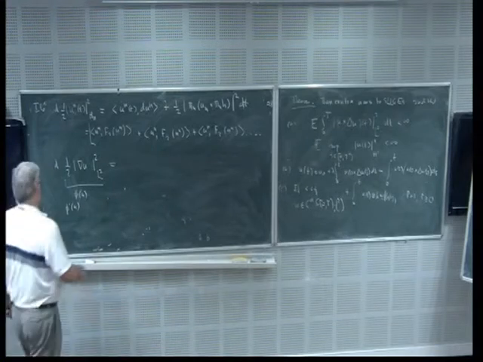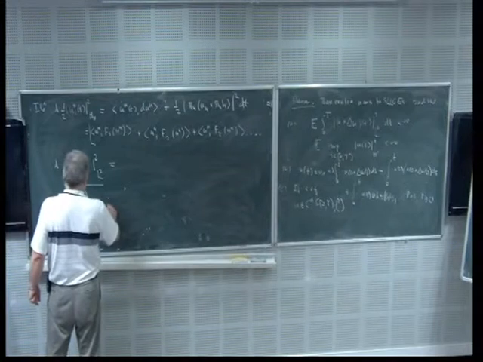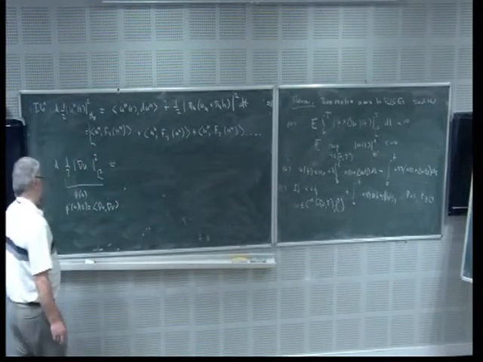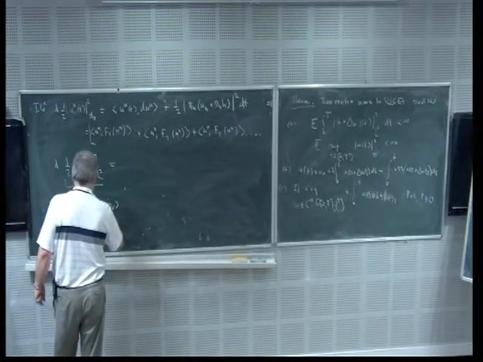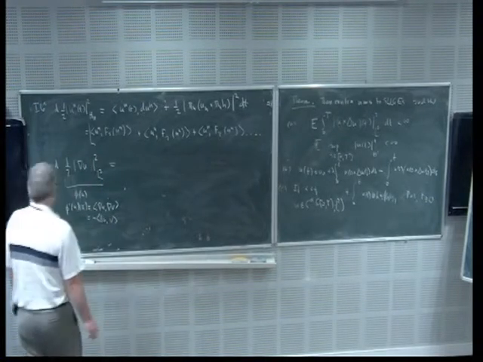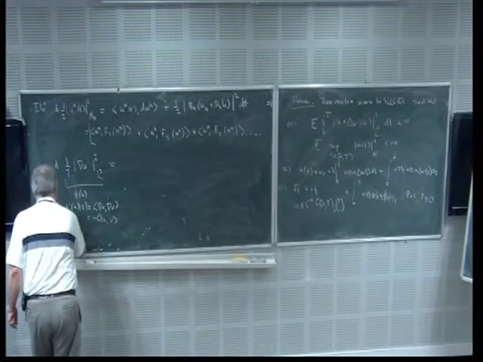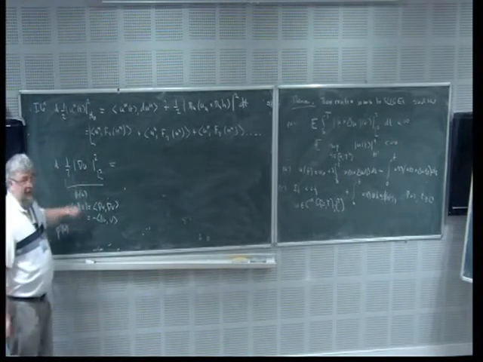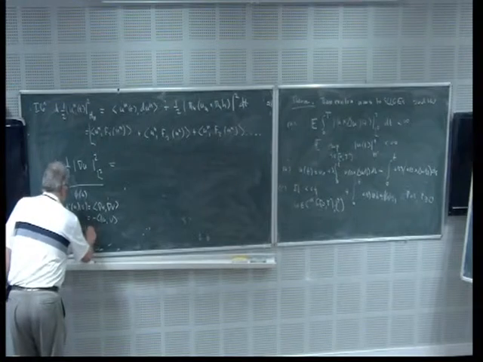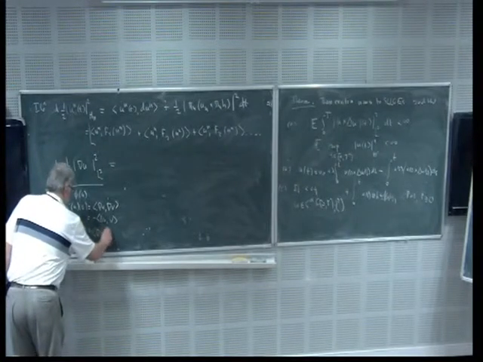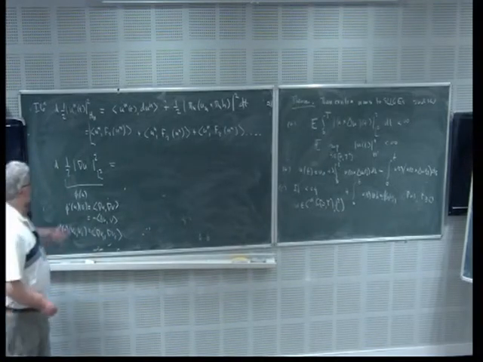Phi prime of U in the direction V is just gradient U, gradient V, or we can also write it as minus Laplacian U and V. And what is phi double prime? It's the second order derivative. Because it's quadratic, this will be constant, and in any two directions V1, V2, it is just gradient V1, gradient V2. Correct?